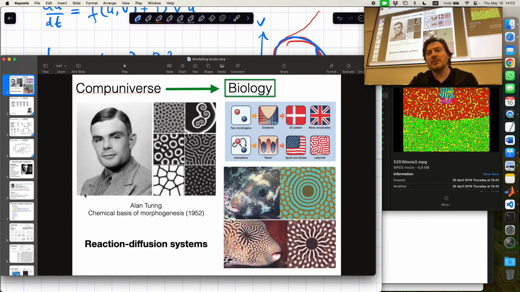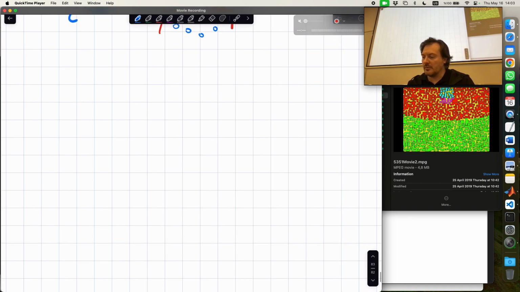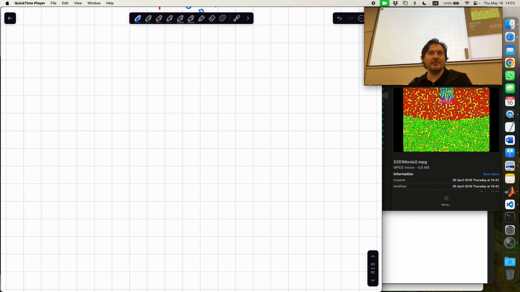So what we have just touched on a little bit is morphogenesis, how shapes form in biology, right? During morphogenesis, you have some signaling. Cells talk to each other.